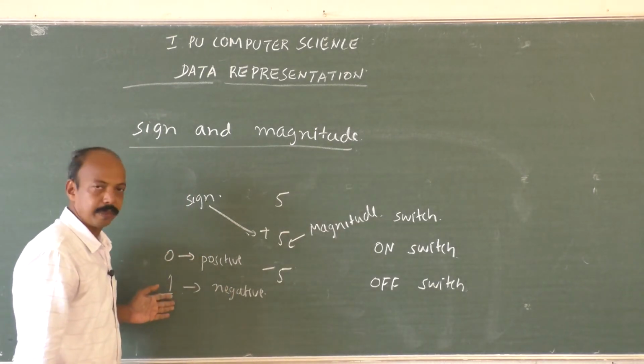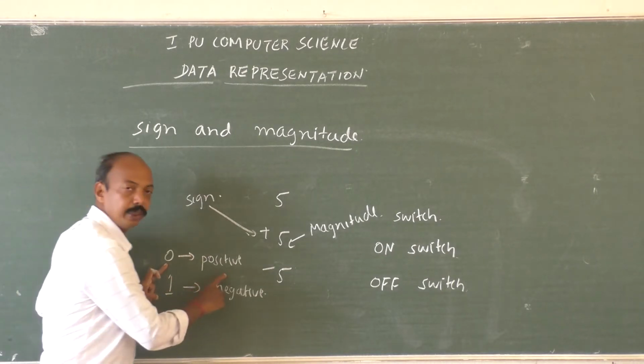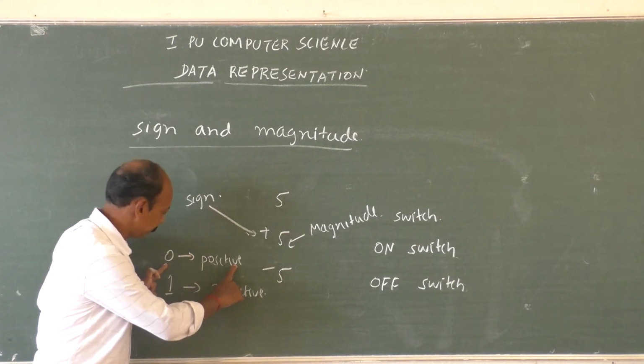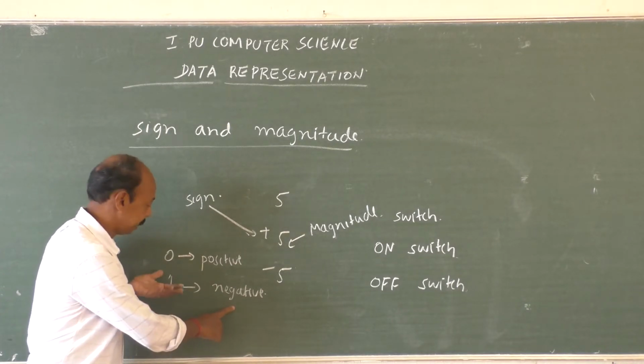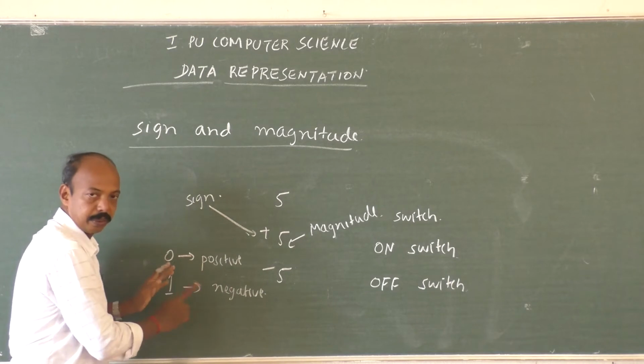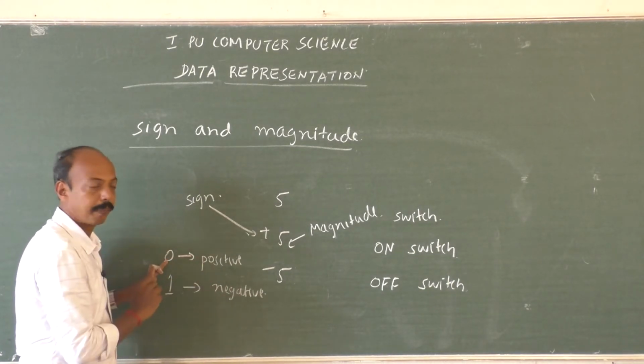Hope this is understood. We shall go to that once again. 0 is used to represent the positive numbers and 1 is used to represent the negative numbers. Don't think it's vice versa, no. 1 is for negative and 0 for positive.